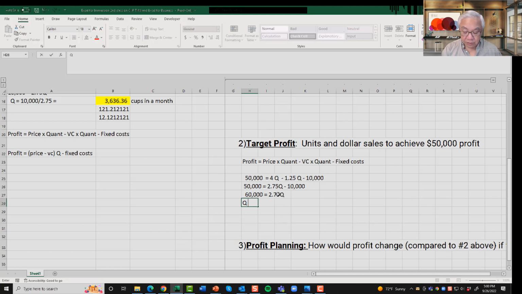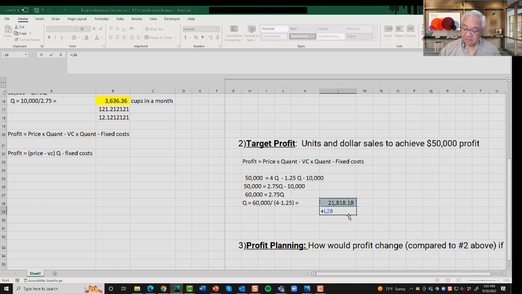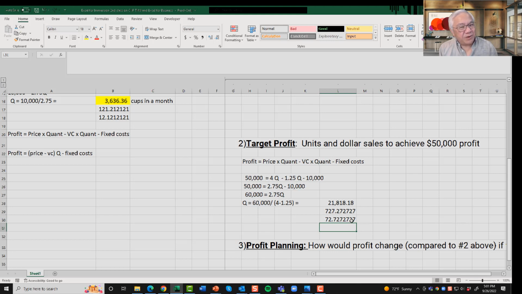And finally, we can solve for Q, and Q equals 60,000 divided by 4 minus 1.25, and that equals, just do it over here, 60,000 divided by 4 minus 1.25, and the answer is 21,818. And let's again say, what is that in days? Divide by 30 days, that's 700, divided by 10 hours a day is 72 cups. That's 1 every minute.